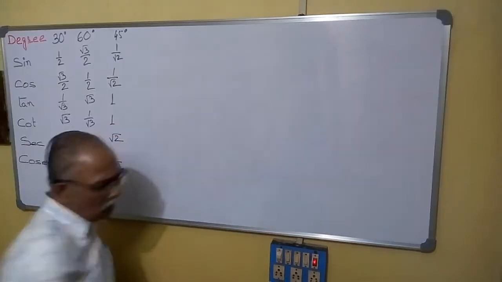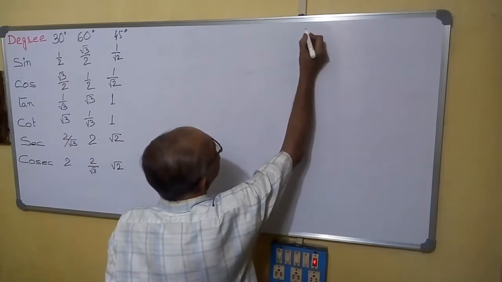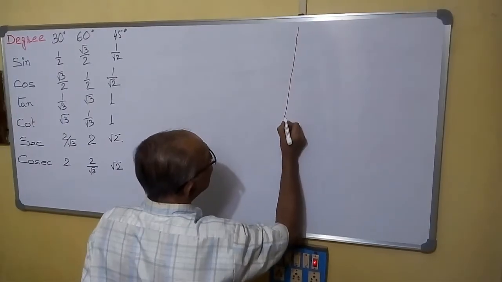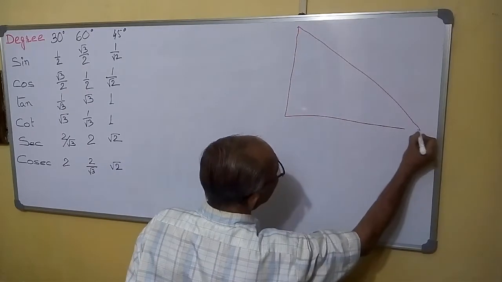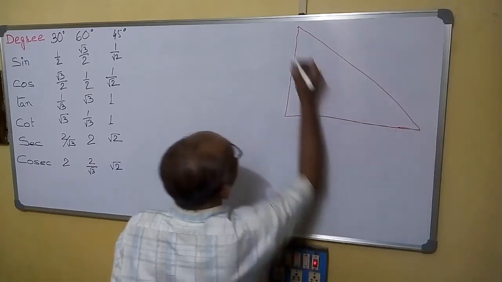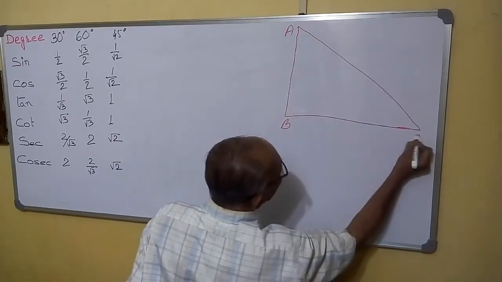See, this one is a little bit difficult to understand. Try to understand this one. Let us assume this is a right angle triangle.